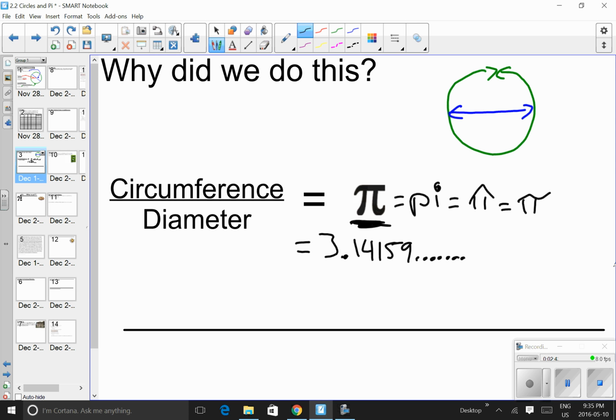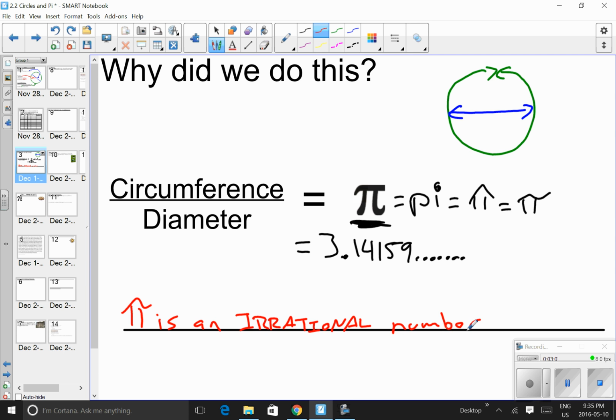Now, when a number goes on forever, we have a special name for it. So pi is an irrational number. Irrational. I'm good at spelling. Pi is an irrational number.